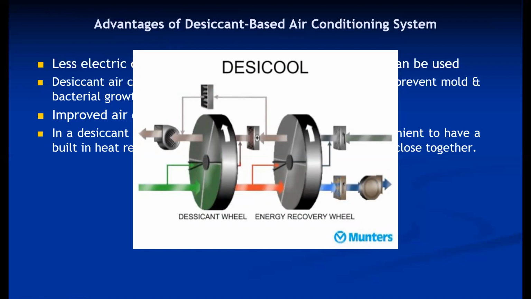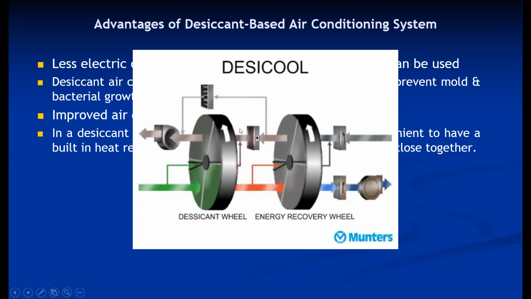So this energy wheel recovers the sensible heat from the return air, and also this is actually a process air, we can say, and this is a return air. So from return air, it recovers that sensible heat, and the desiccant wheel again absorbs the moisture. It is used for the reactivation.